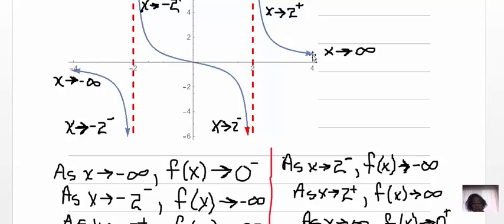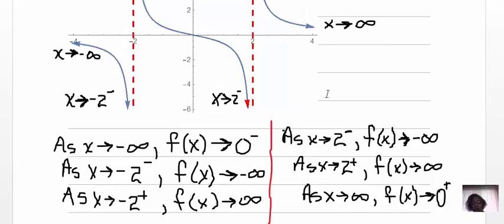The horizontal asymptote here is also the x-axis, whose equation is y equals 0. Here, the function is approaching the horizontal asymptote from above on this branch of the graph. Here, the function is approaching the horizontal asymptote y equals 0 from below.